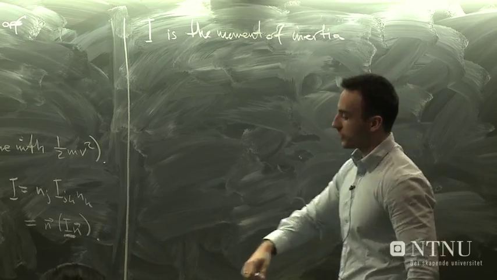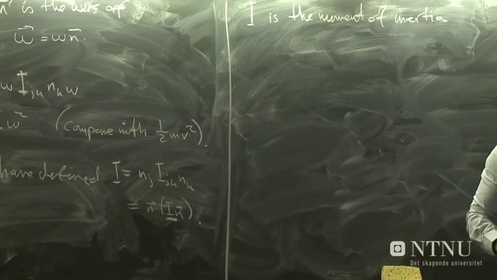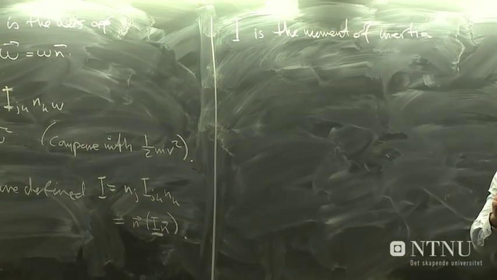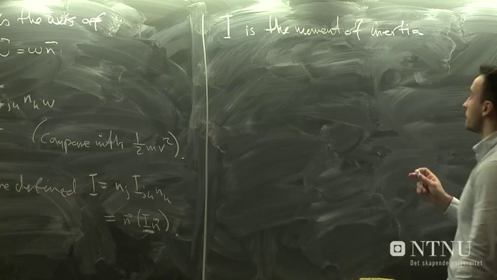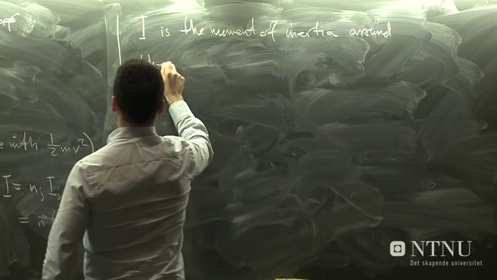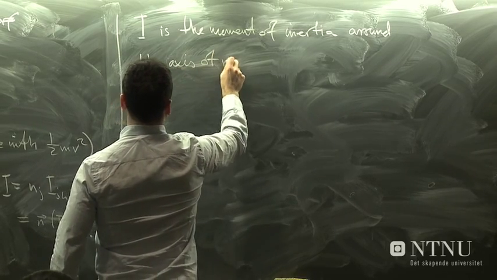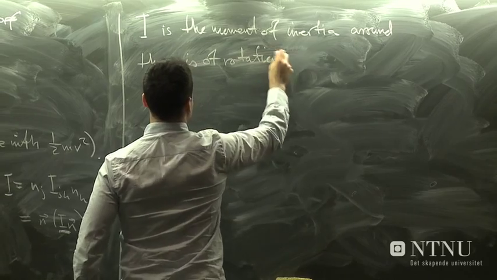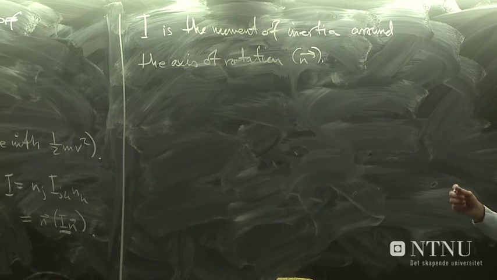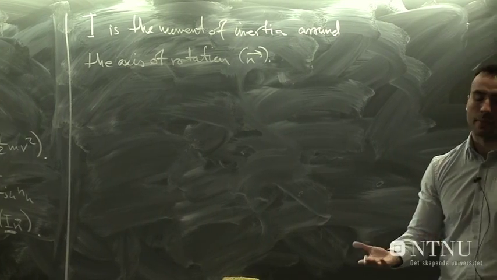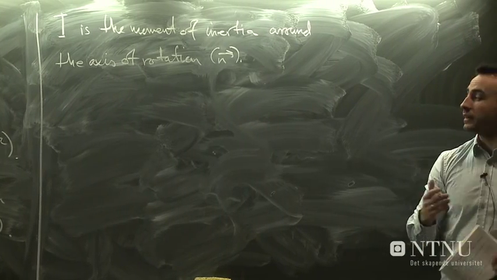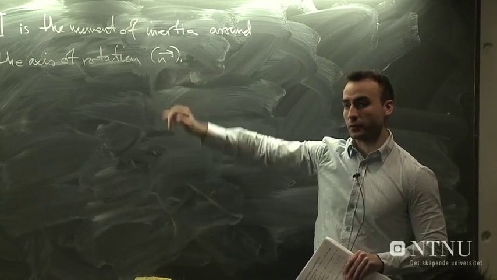And whereas I underscore is the matrix of inertia, this quantity I, which is a scalar, is the moment of inertia around the axis of rotation. So I depends both on the composition of the rigid body, its mass density, its shape, due to the integration of the volume, in addition to which axis of rotation we're considering.